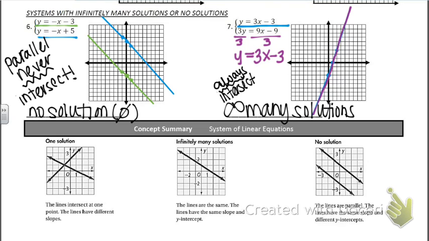There's a summary at the very bottom of one solution, infinitely many solutions, and no solution. So if they cross, it's 1. And then same line and parallel lines are infinitely many and no. Okay?